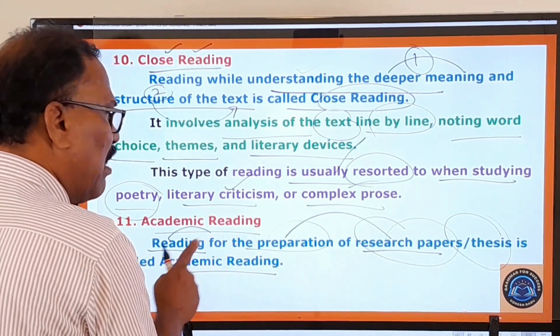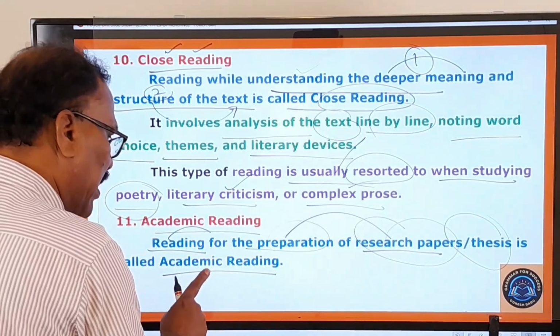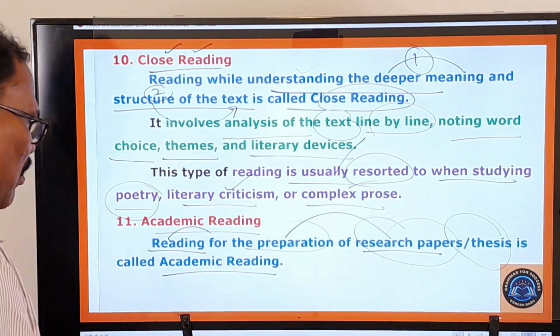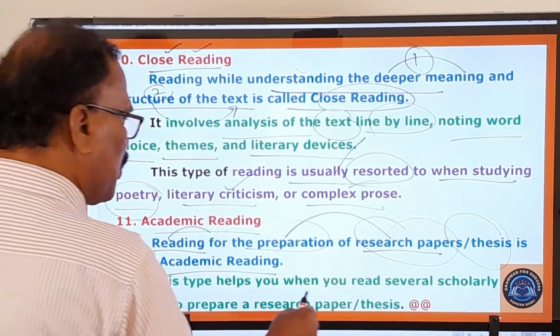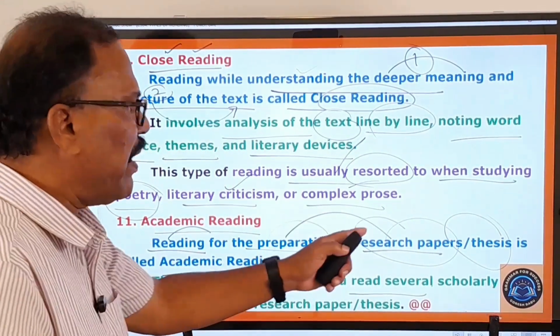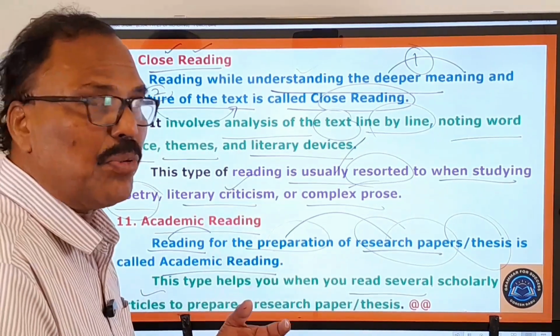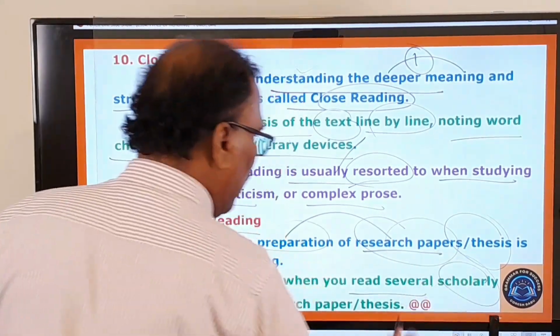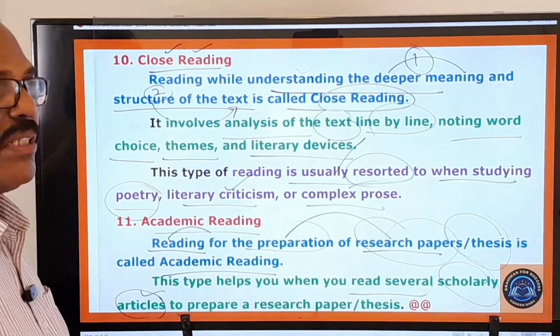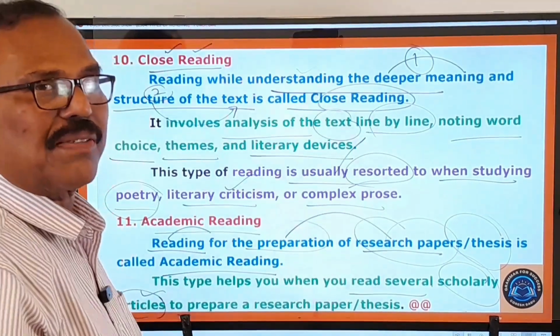So you are reading for the preparation of research papers, and that's why that kind of reading is called academic reading. This type helps you when you read several scholarly articles. You want to prepare research papers or a thesis, and therefore you are expected to read several scholarly articles written by various other scholars.